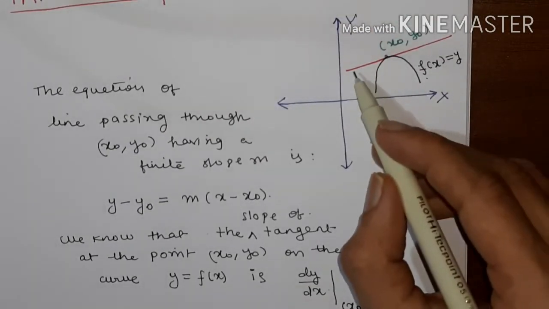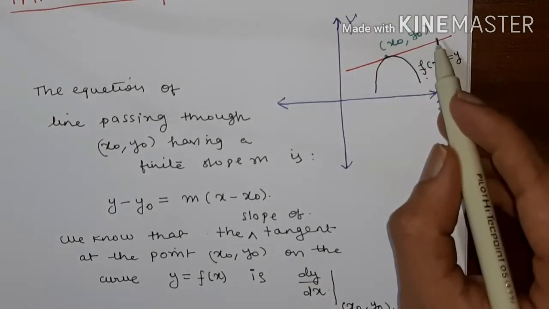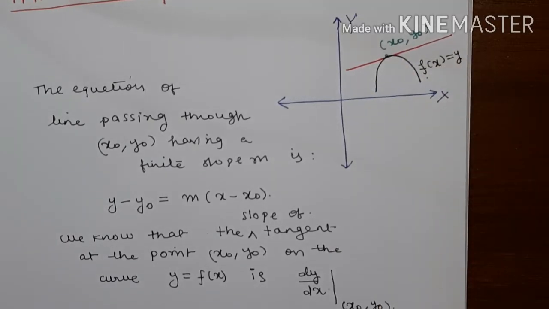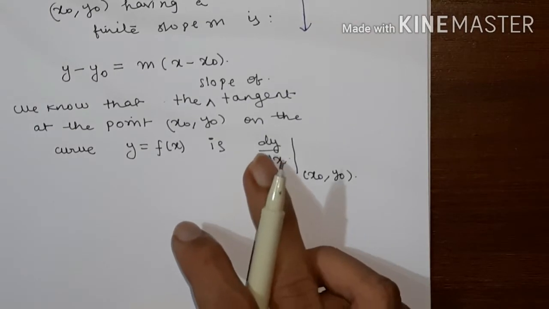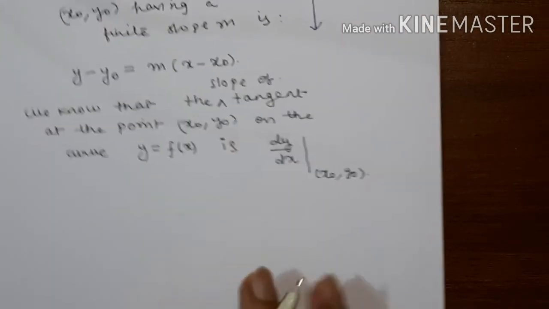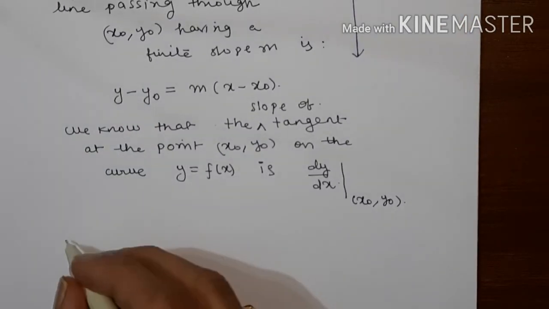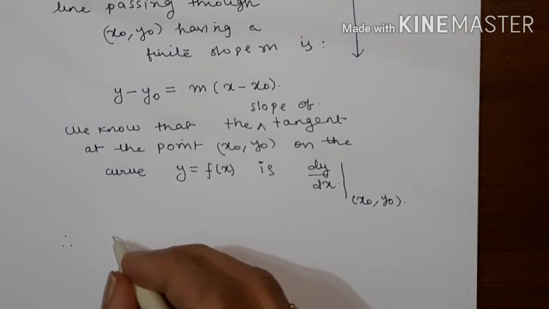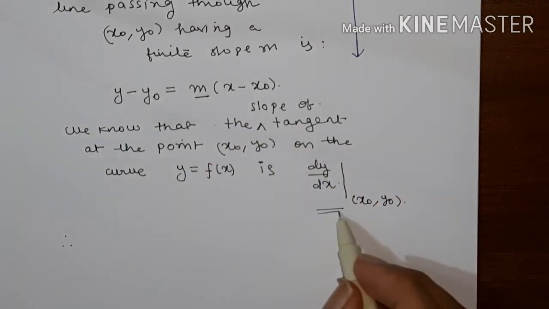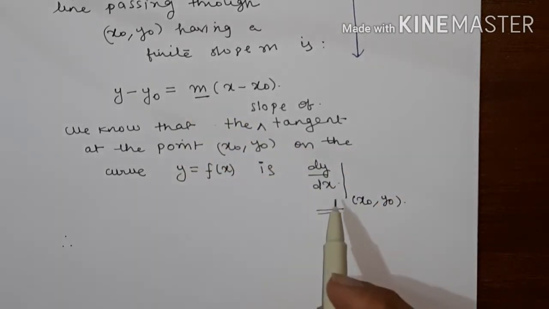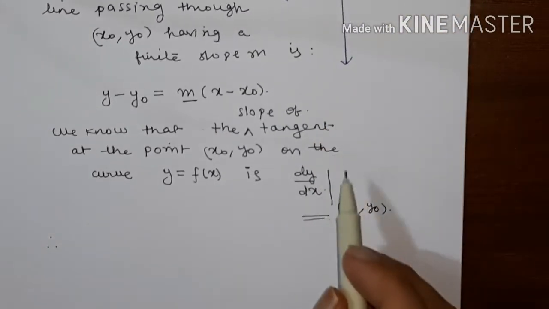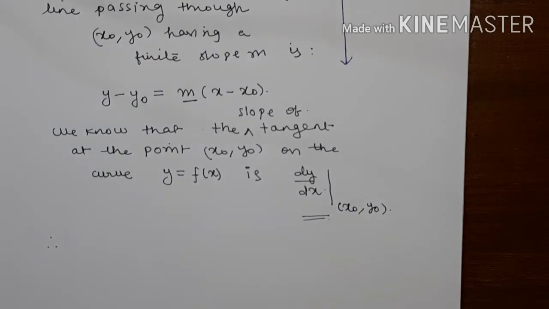So first we have to find the slope of this tangent. After that we can find the equation of this tangent. So the slope is dy by dx at the point x naught comma y naught. Therefore this m is the slope of the tangent, dy by dx at the point x naught comma y naught.